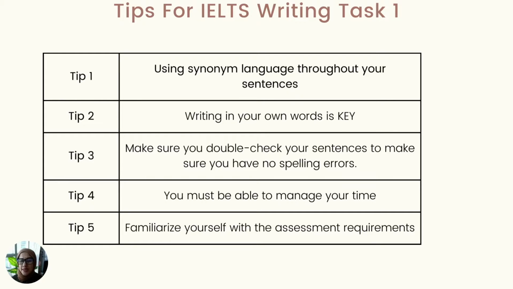Tip 2 is writing in your own words is key. I know that the graph or the chart will give you words that you might be tempted to use in your answer, which is fine. You could use some, but remember that if you write in your own words, this will show the examiner that you are proficient in the English language.